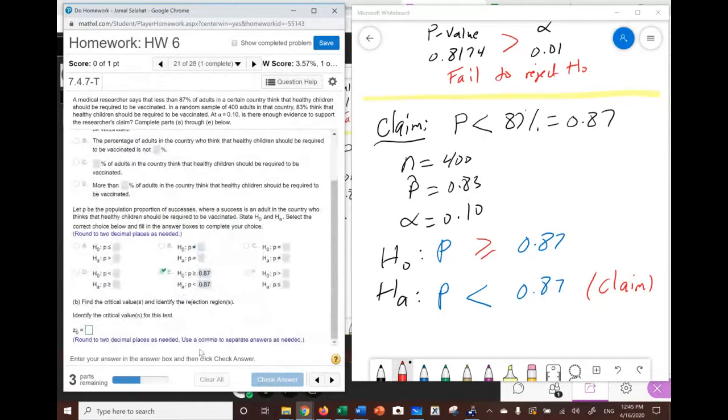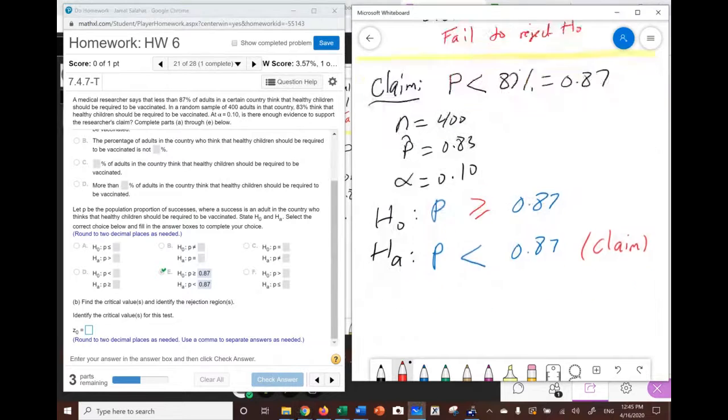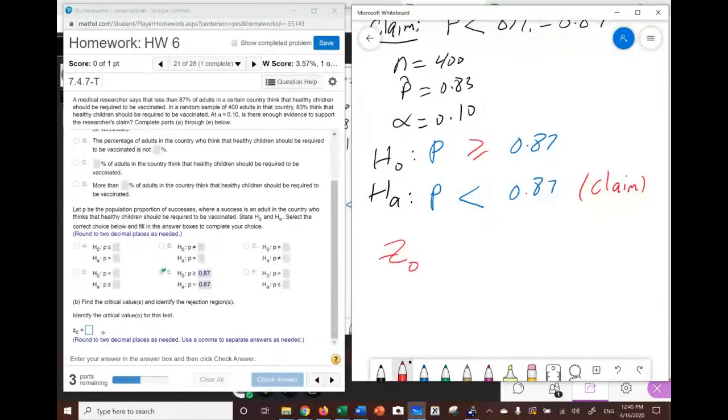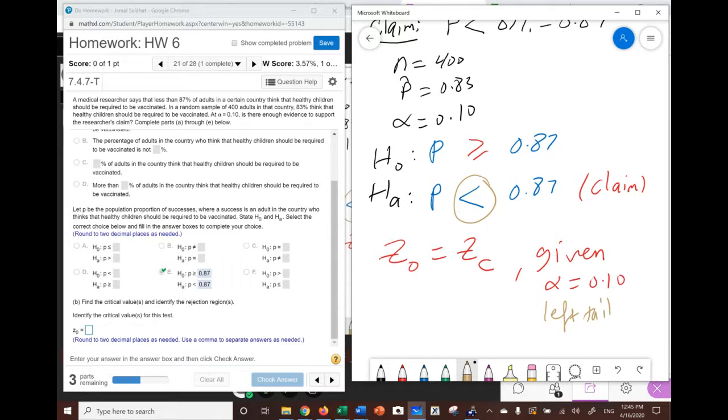The next step will be to find the Z0. Z0 is the same as Z critical. To find Z0 or Z critical, we're given alpha equal to 0.10, and notice that if you look at HA, it has a less than. Less means left tail. So we have a left tail, and we have alpha equal to 10%.